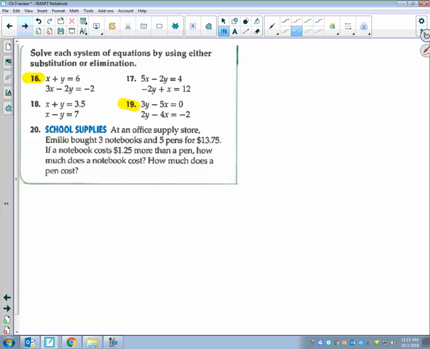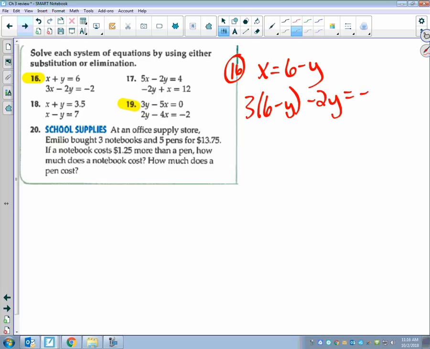This one says by substitution or elimination, your choice, okay? I'm going to do one each way just to remind you. 16, I would definitely do elimination, but you could do substitution here. If I said x equals 6 minus y, because that's just moving the y over, then in the bottom equation, I could take 3 times 6 minus y minus 2y equals -2.